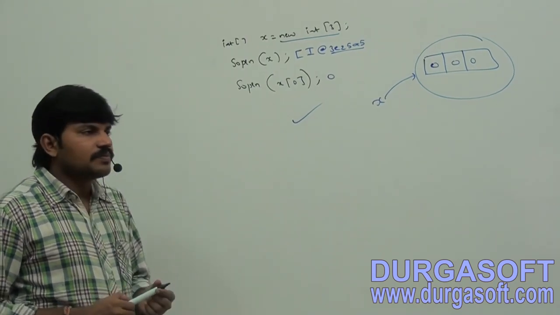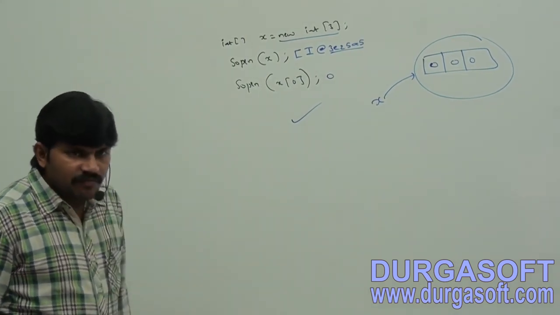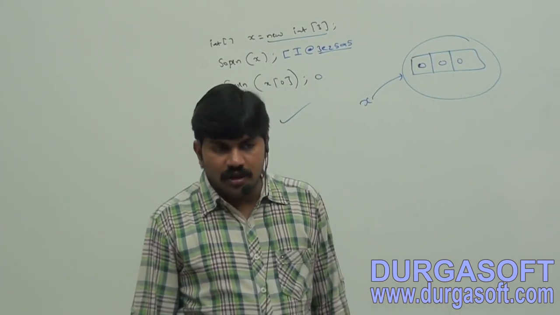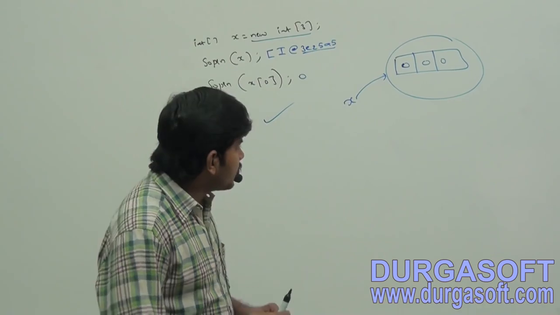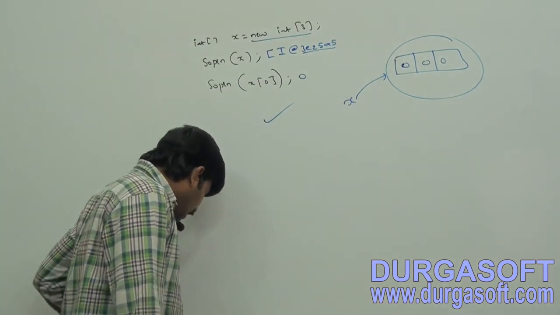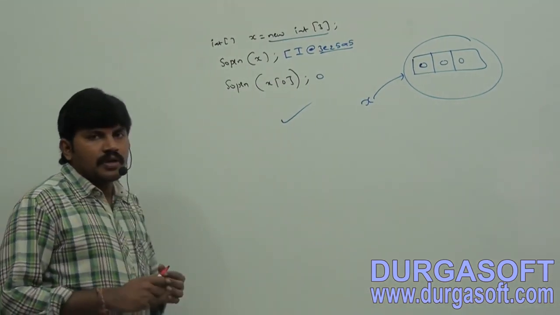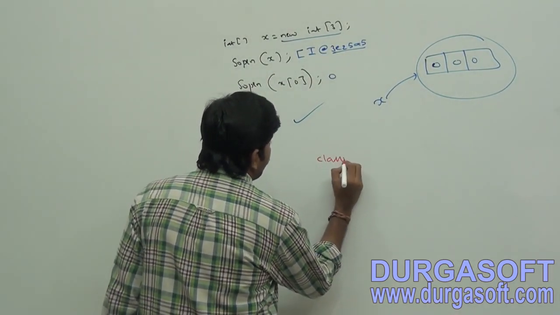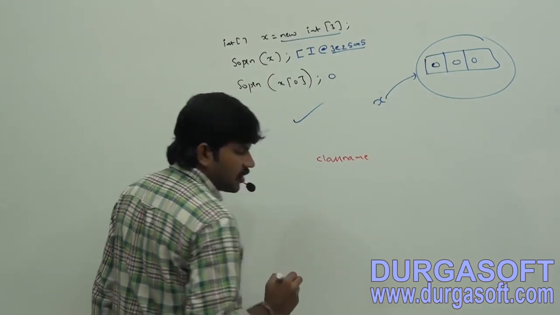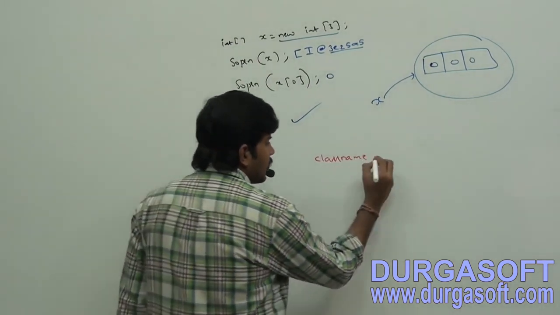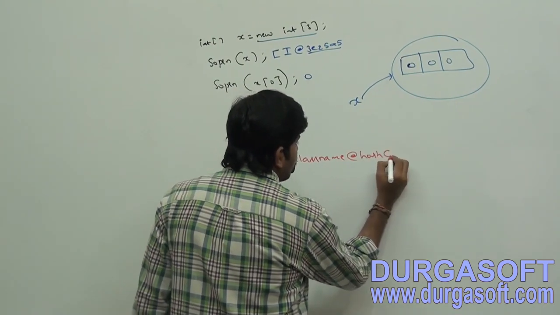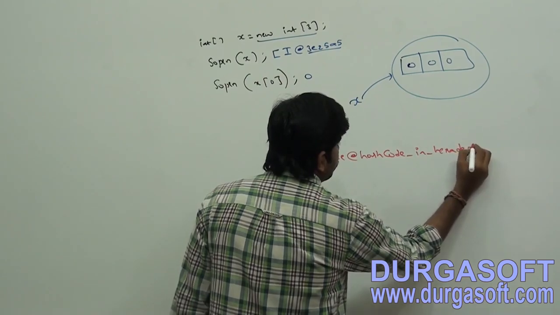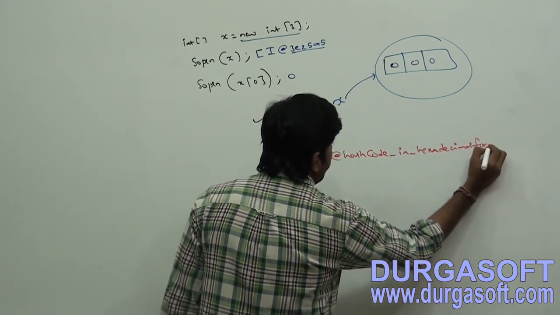to return the string in the following form: class name at the rate hash code in hexadecimal form.